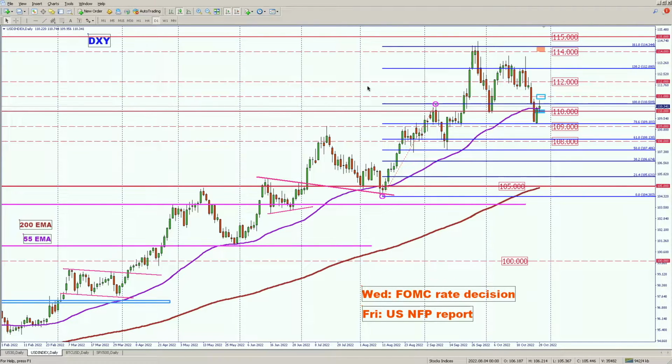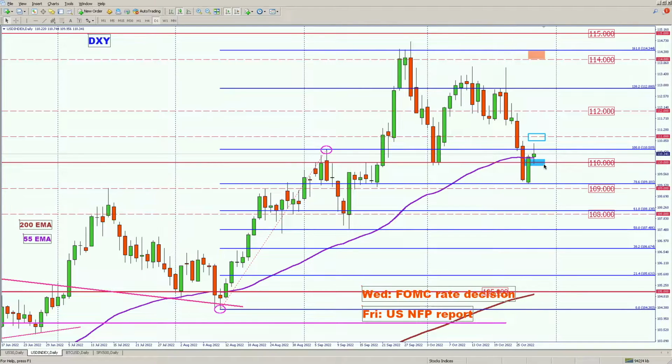And here's the DXY, the US dollar index, where after a bearish close the previous week, it paused below the 112 before falling on Tuesday and Wednesday as an inverse correlation with the euro, and fell through the support level of 110 and down to hit the 78.6 retracement level before bouncing off on Thursday and then closing neutral above the daily 55 EMA on Friday.